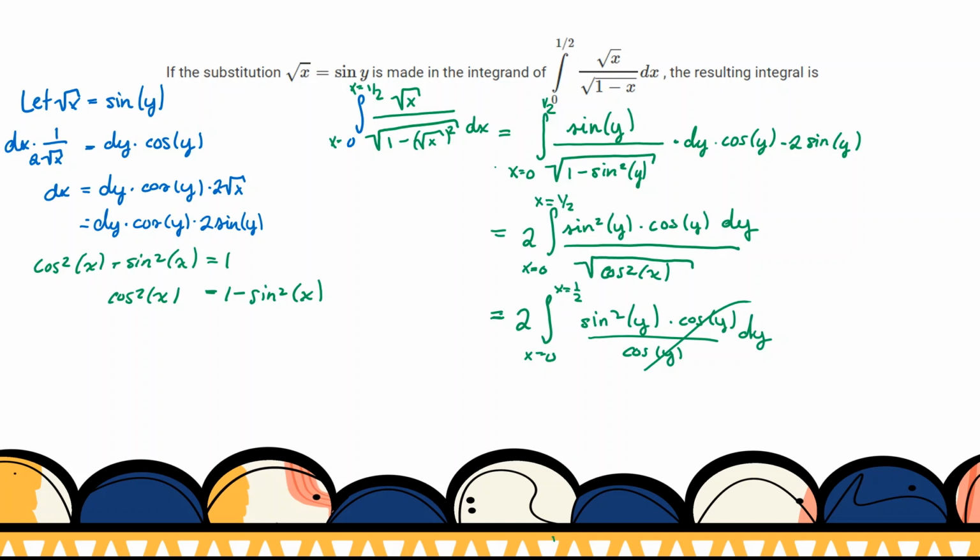And so now I want to change the limits of integration because I believe that's what they do in the problem. And so we decided to let the square root of x equal sine y. To make this easier, I'm going to say let x equal sine squared of y, just because I don't want to have to solve for x and y. So that when x equals 0, I want to know what is y that I get that.